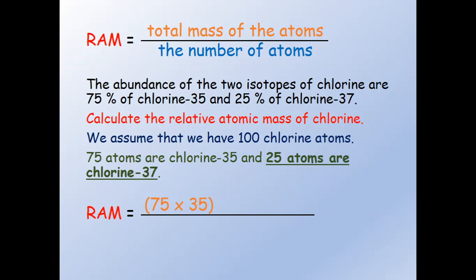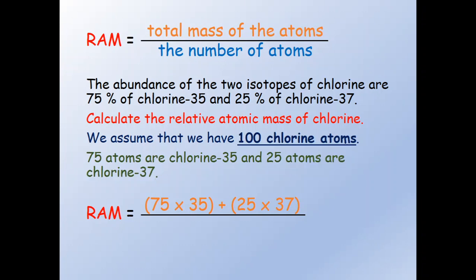And then we also have 25 atoms that are chlorine-37, so we have to add those to the mass too, so we get plus in brackets 25 times 37. Now we still have to put in the number of atoms, and we assume that we have 100 chlorine atoms, so we just divide this by 100.